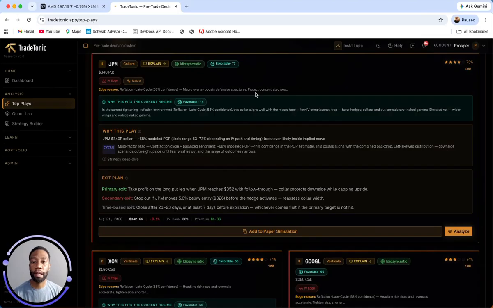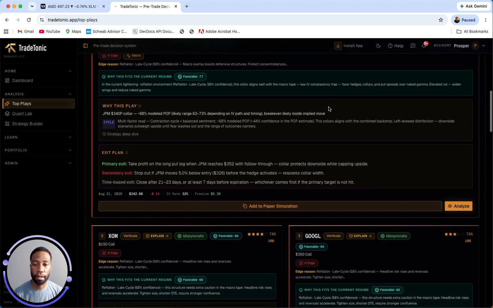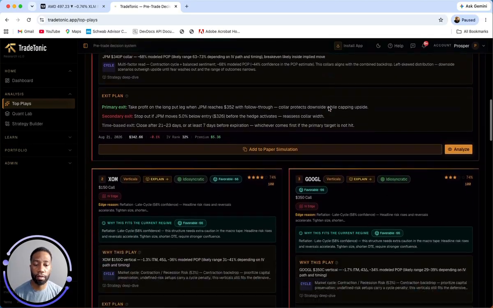That lets us know if the options in the chain for this particular company are either rich or cheap, right? So there's a lot of data that's being compiled into this. And so what we did was we took our large language models and were able to provide you with detailed explanations of everything that's happening in these particular trades.